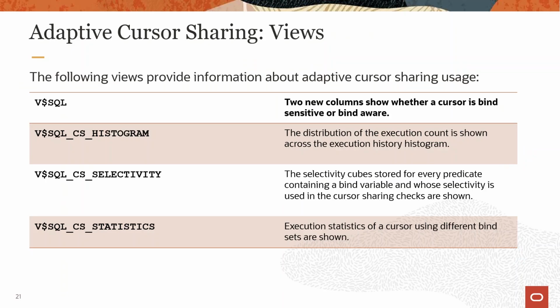There are several views to obtain information about adaptive cursor sharing utilization. So in V$SQL, you have two new columns where you can see if the cursor is bind sensitive or bind aware. Plus you have views like V$SQL_CURSOR_SHARING_HISTOGRAM, V$SQL_CS_SELECTIVITY, and V$SQL_CS_STATISTICS, where you can find more information about the adaptive cursor sharing.